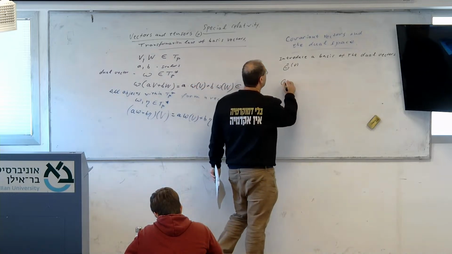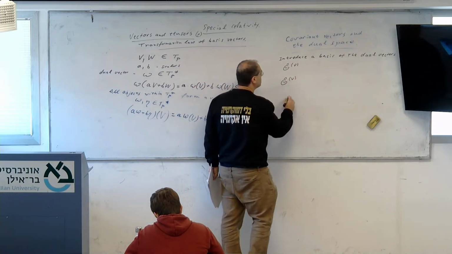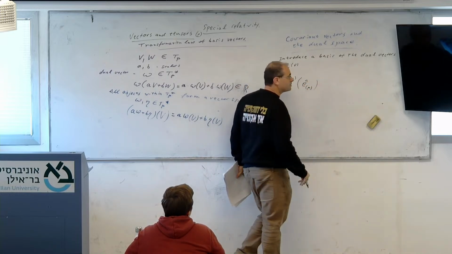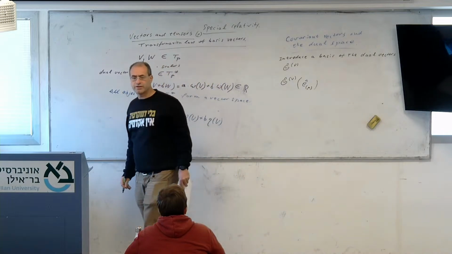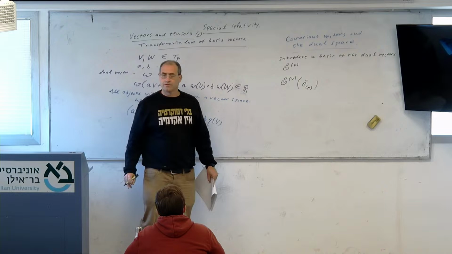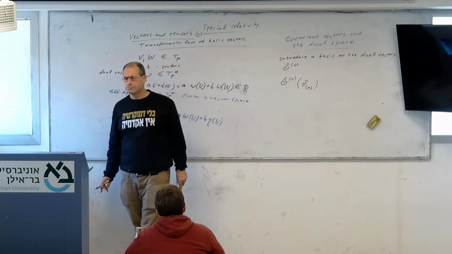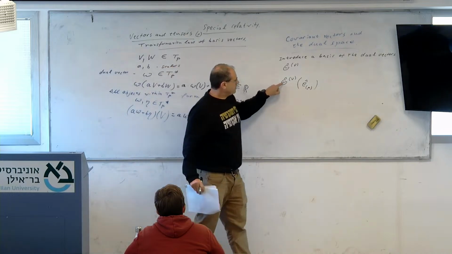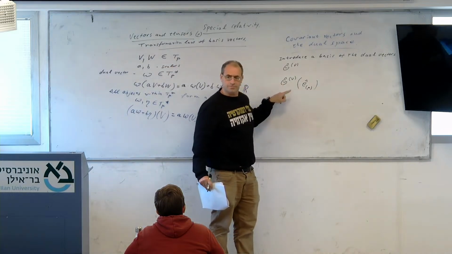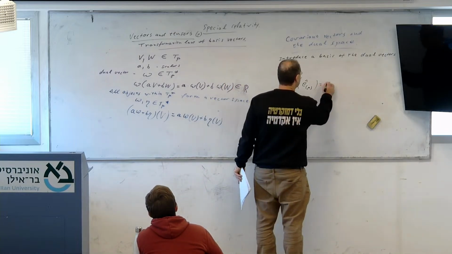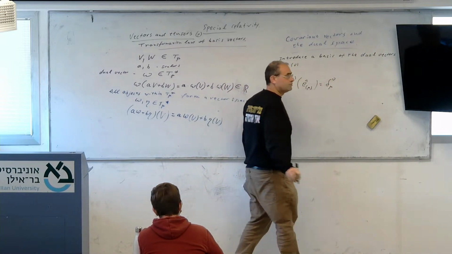And what's going to happen when a basis vector from the dual space operates on a basis vector from the real vector space? What am I going to get? This is a basis vector, of course, the Kronecker delta. So this is going to be a delta mu nu.